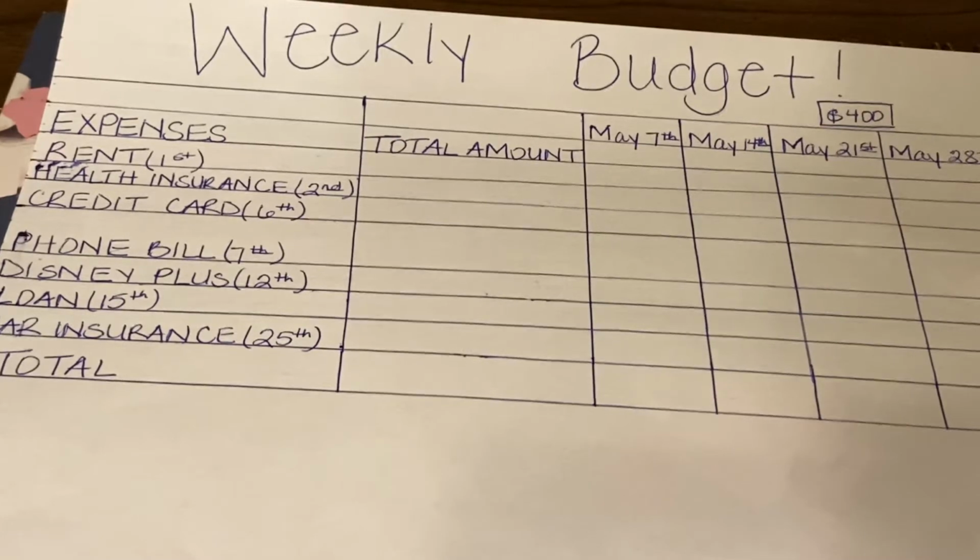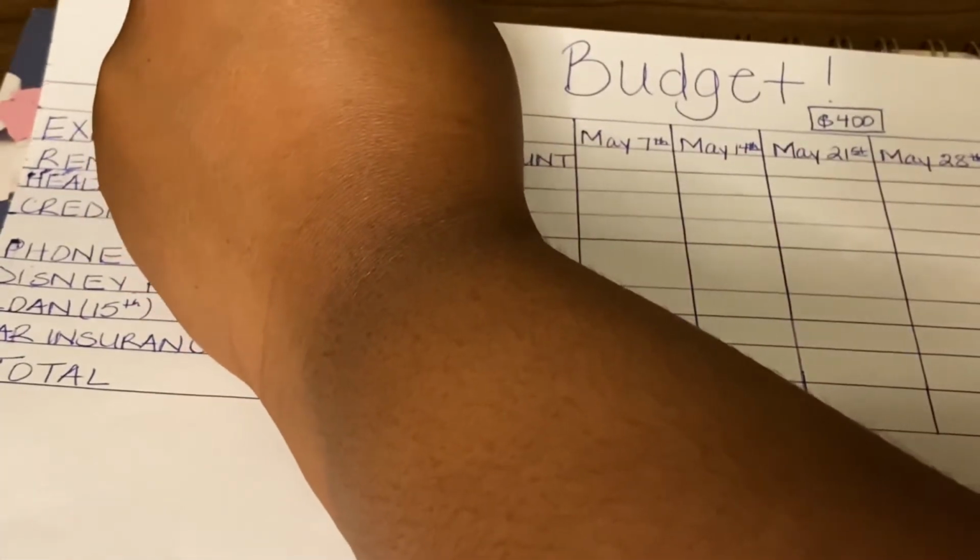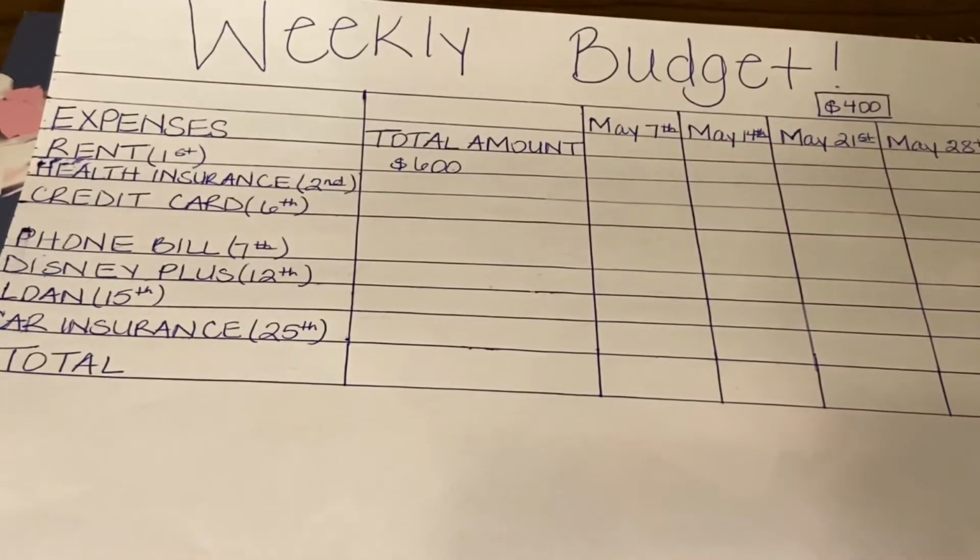So let's say for rent, your rent is $1,200 a month, and you split it because you have a roommate down the middle. So we'll just say $600 for you.